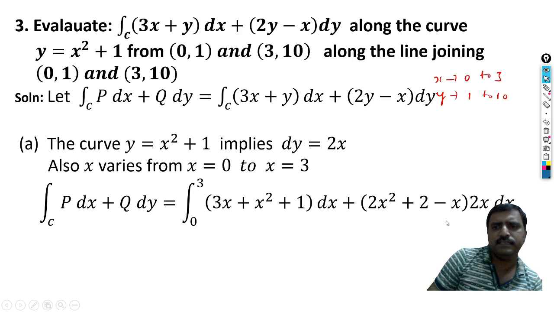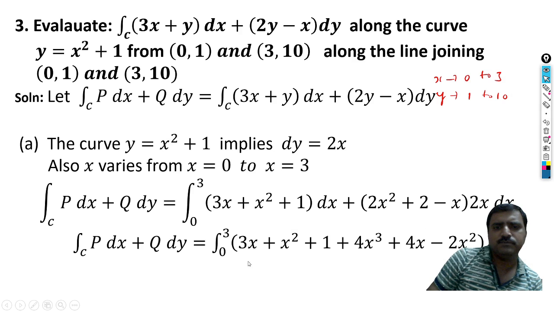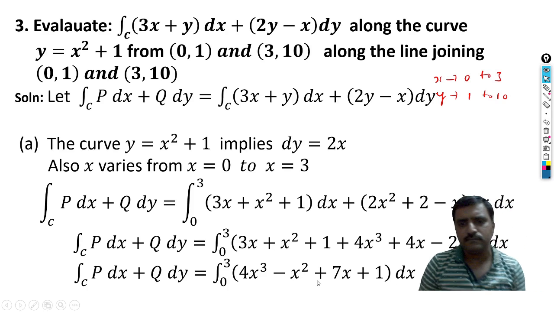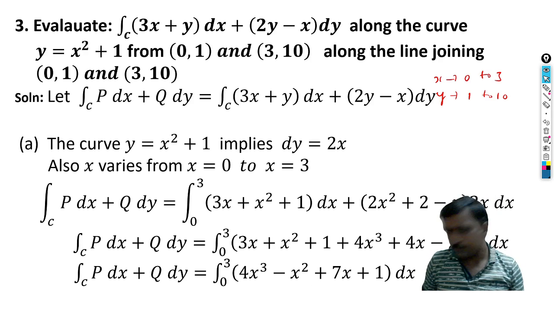Dy is 2x dx. Now simplifying this, the integral from 0 to 3 of 3x plus x square plus 1, plus, when you multiply 2x with these terms, 4x cube plus 4x minus 2x square. Simplifying again, it becomes 4x cube minus x square plus 7x plus 1, into dx.